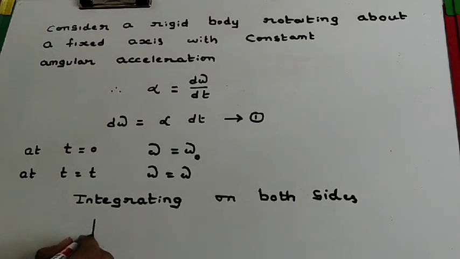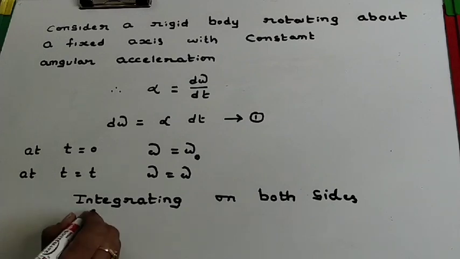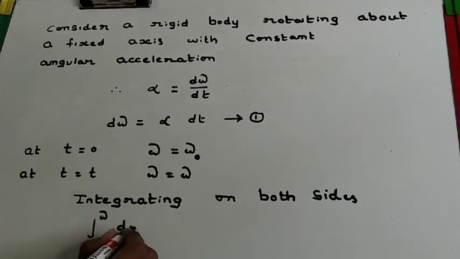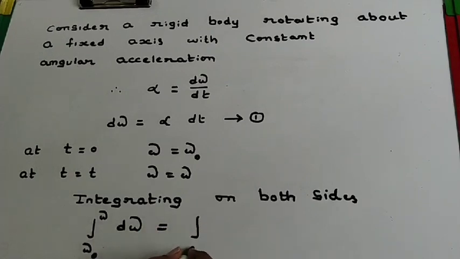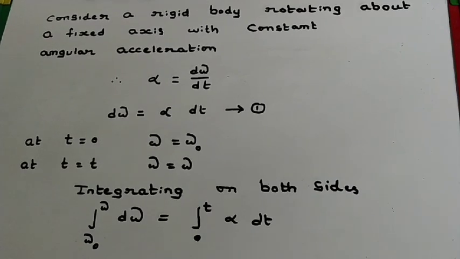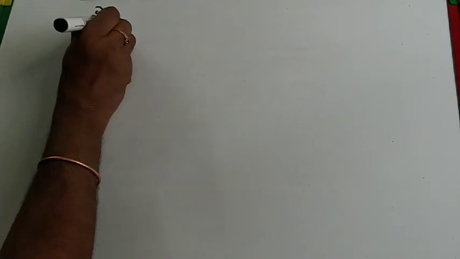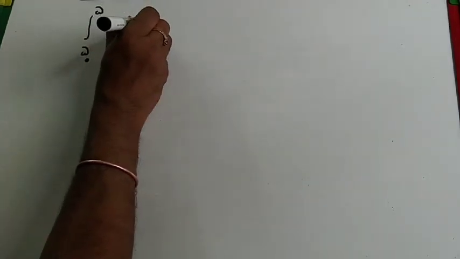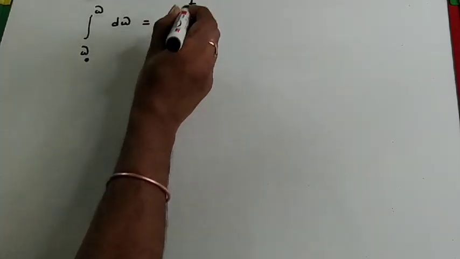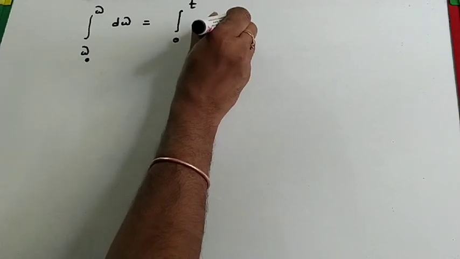Integral omega naught to omega d omega is equal to integral 0 to small t alpha into dt.